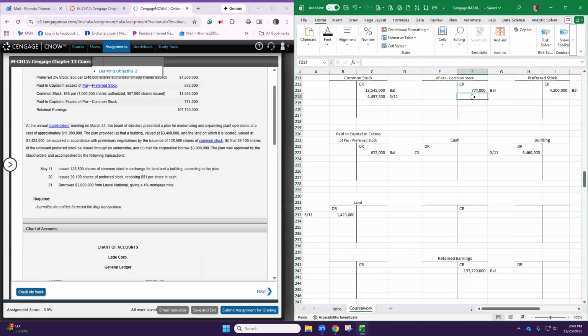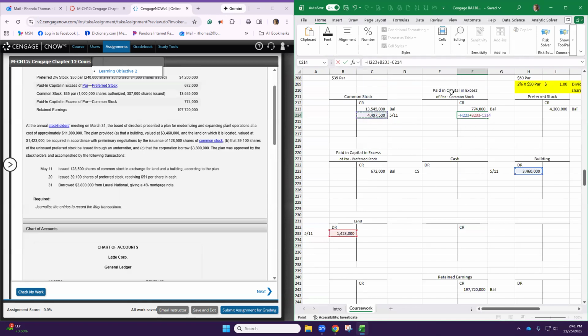So then we need to add the building and the land together, and then subtract the amount we just put here in common stock, because the rest of this will be paid in capital in excess of par. So there it is. That's the excess.